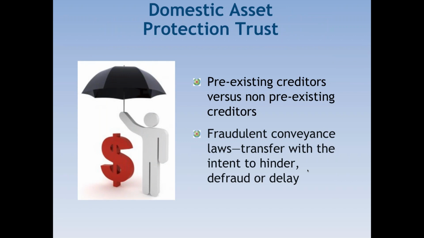So pre-existing creditors, you have to set this up before you get sued or before you actually incur liability where you know you're going to get sued or you have a realistic expectation. You can't transfer property, fraudulent conveyance, into this trust because it doesn't work if you do that.